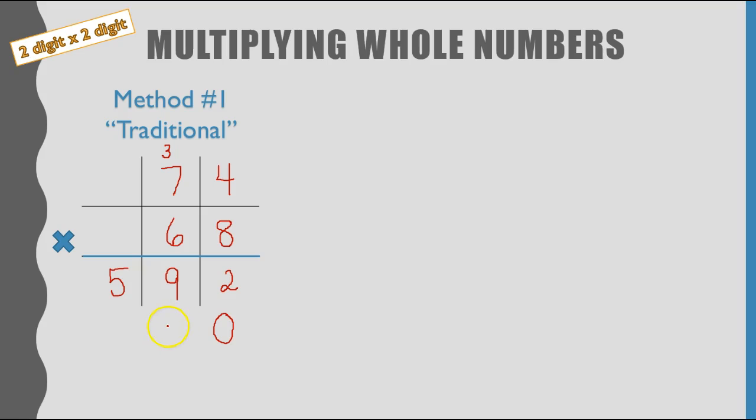Now we're doing the tens column. So I'm going to say 6 times 4 is 24. Carry the 2. 6 times 7 plus 2 is 44.